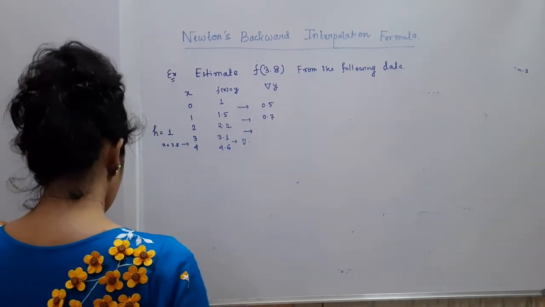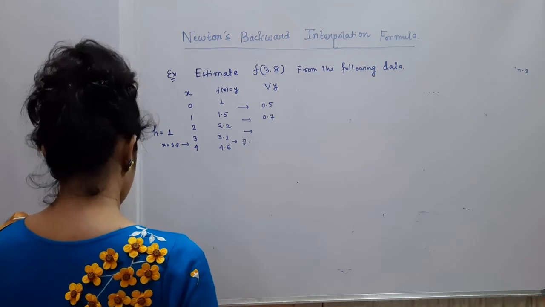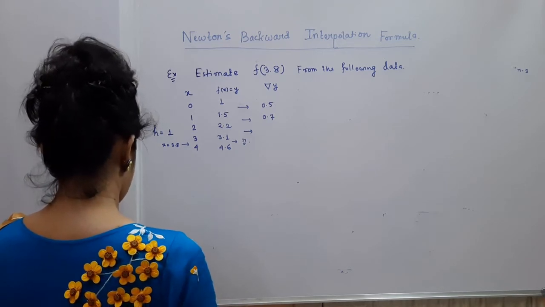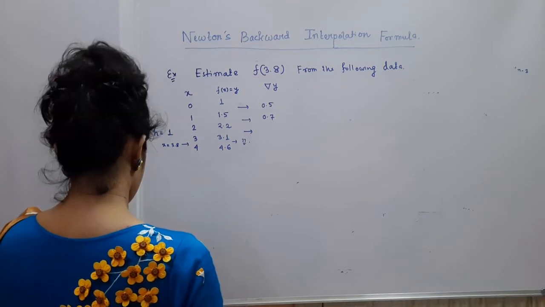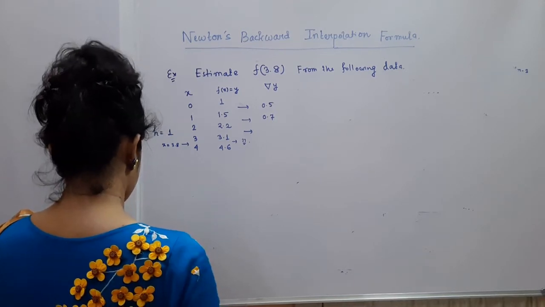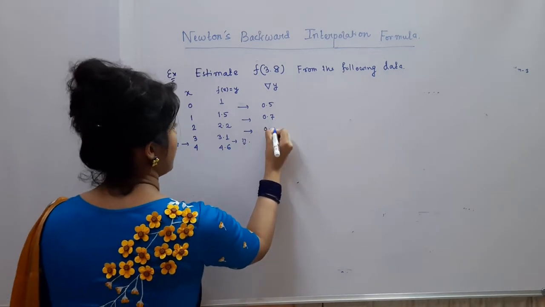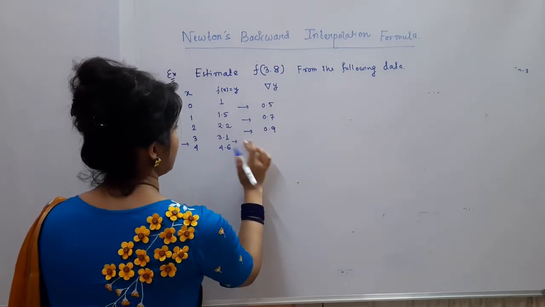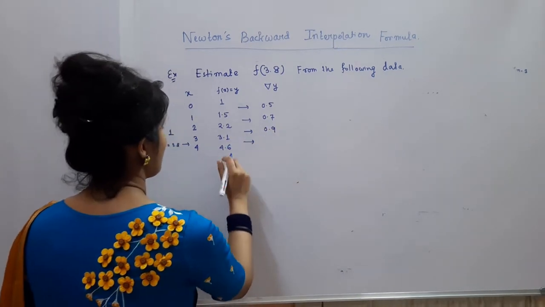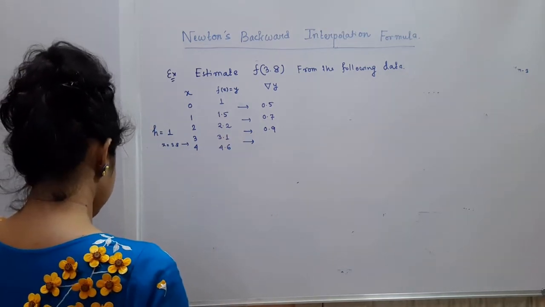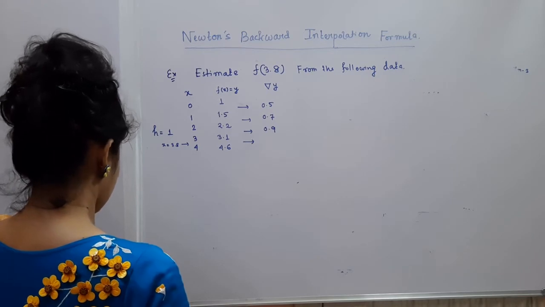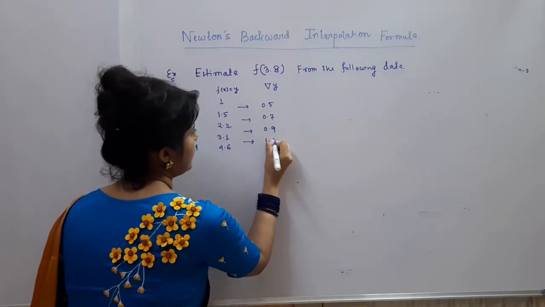Then 3.1 minus 2.2, that is 0.9, and finally 4.6 minus 3.1, that is 1.5.